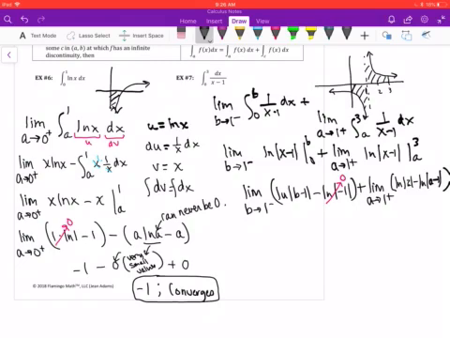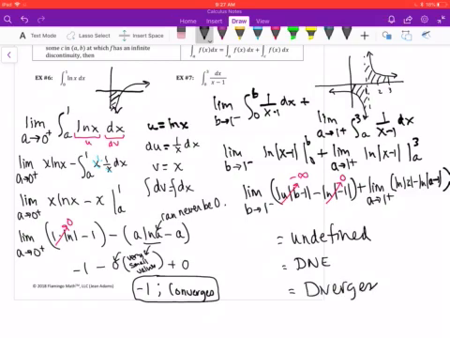So this one is going to be approaching -infinity. So if this one approaches -infinity, then you know that you have one thing that's divergent. You really don't even have to worry about the second one because you've got the one that is diverging. So therefore, this integral is undefined. You could put d and e, but you definitely need to say that it diverges.